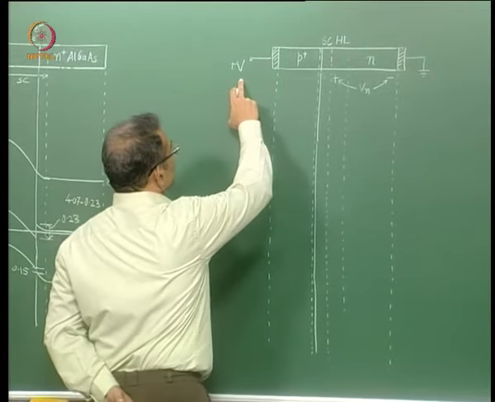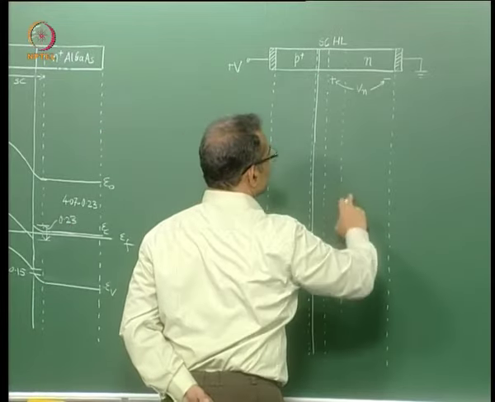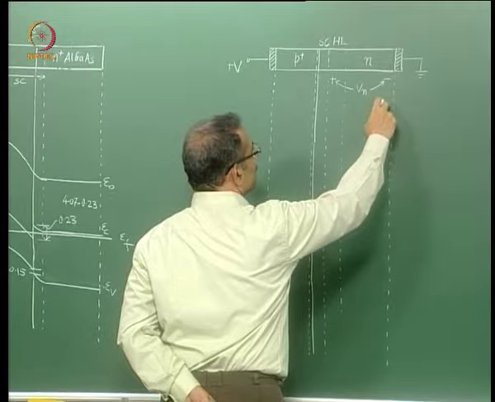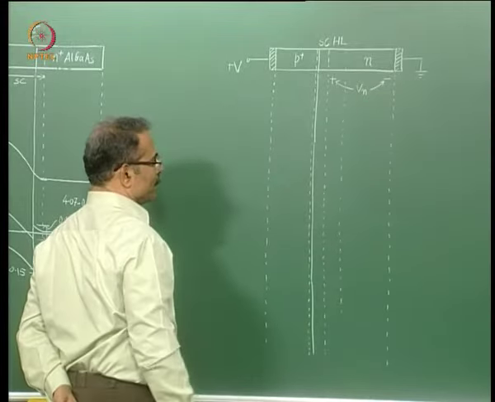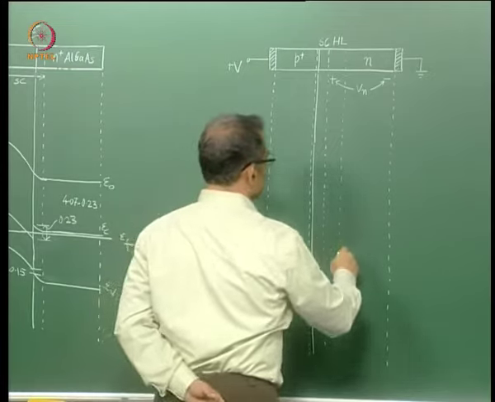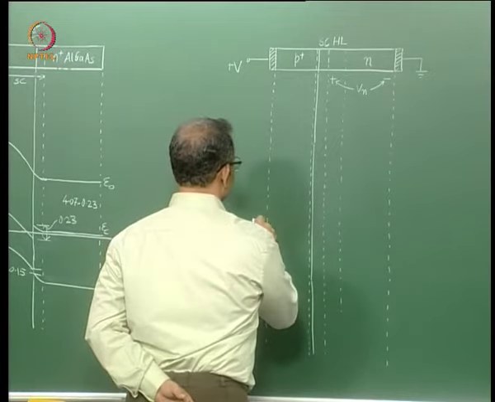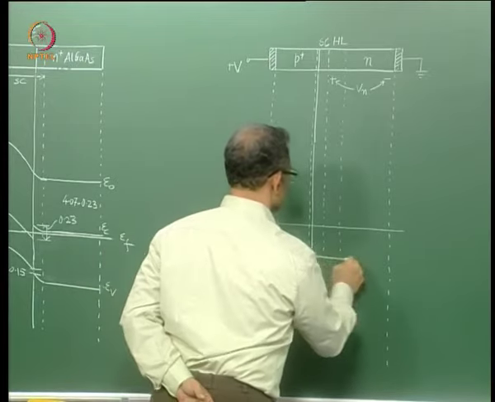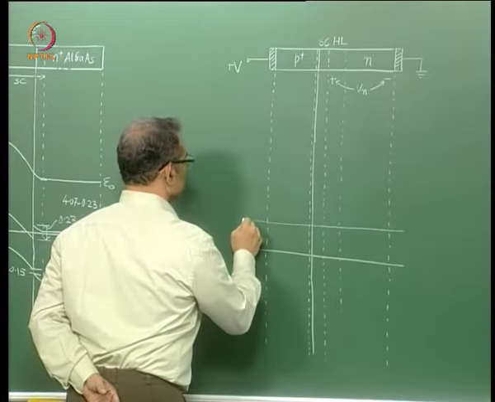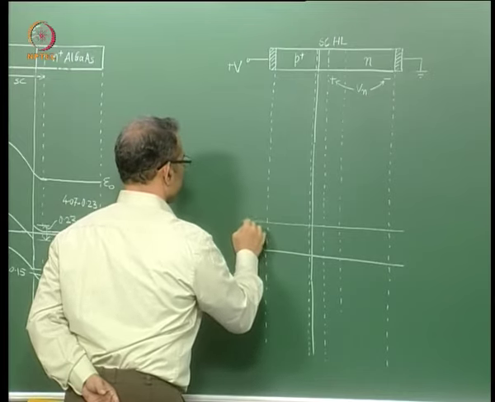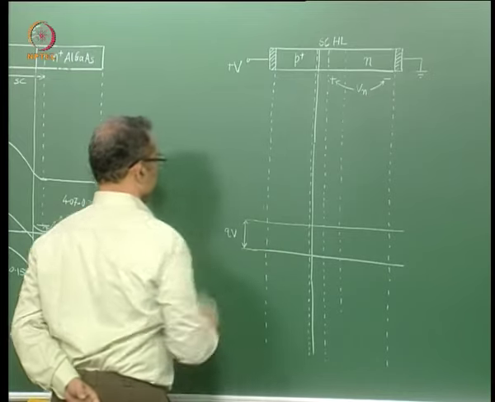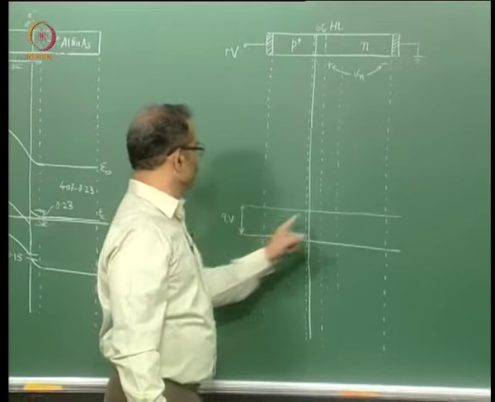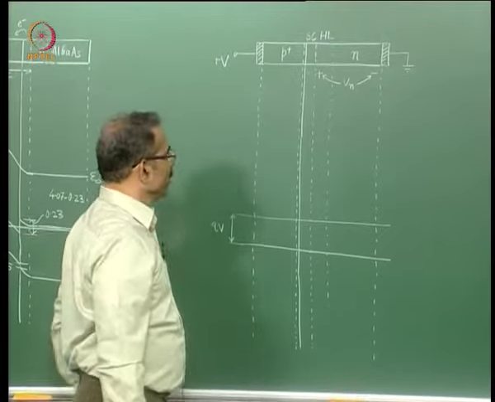Since the left hand side is positive and the right hand side is negative, the quasi Fermi level for electrons will be higher on the right hand side than on the left hand side. Okay? So let us start by first identifying the voltage drop, that is Q times V. The total variation in Fermi level from this point to this point would be Q times V.